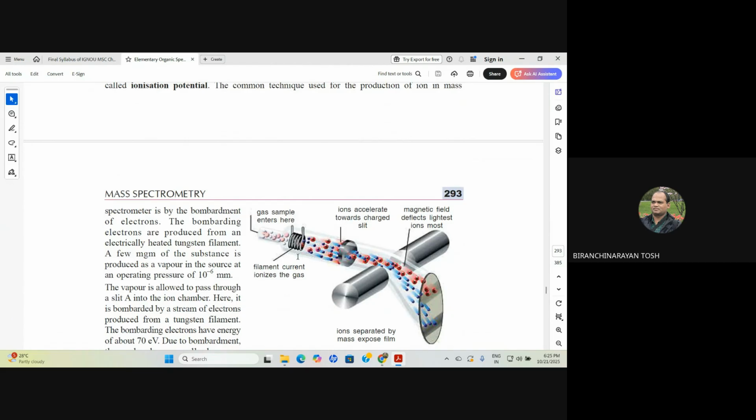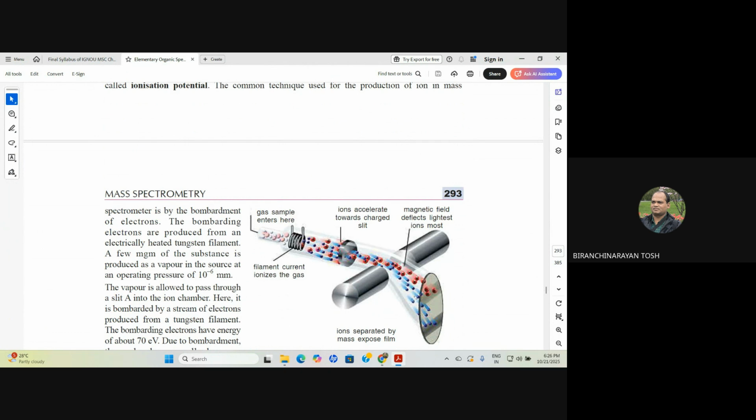Then ions are accelerated. Why is acceleration required? Because with acceleration, there will be a change in path. You know this basic principle: if any charged particle is accelerated in an external magnetic field, it will change its path.